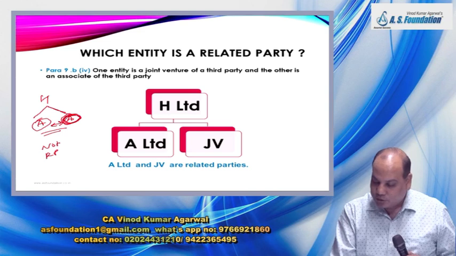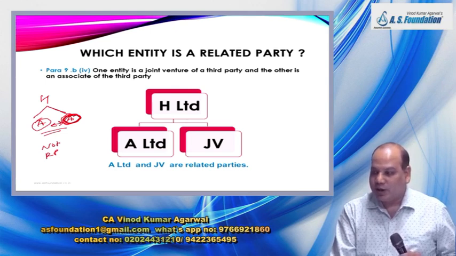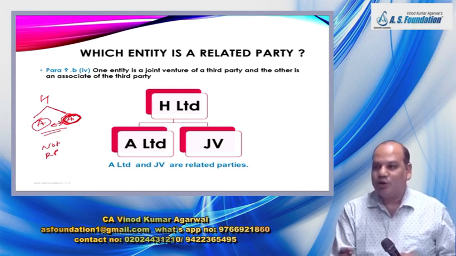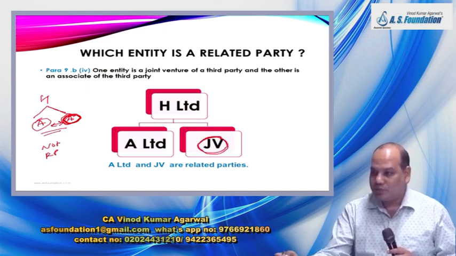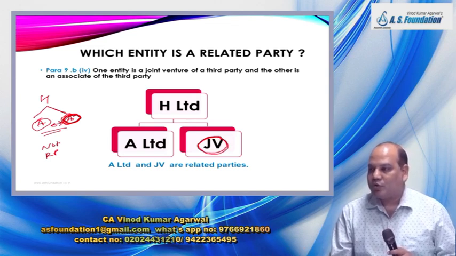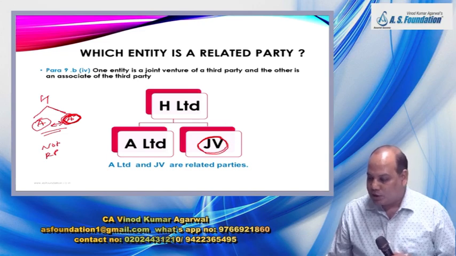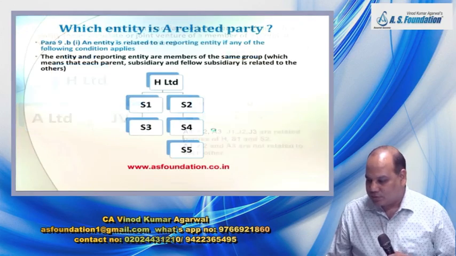It does not have control or joint control. So therefore it can't really force them or direct them to enter into any transaction. It may influence but not direct, whereas control or joint control gives rise to related party.